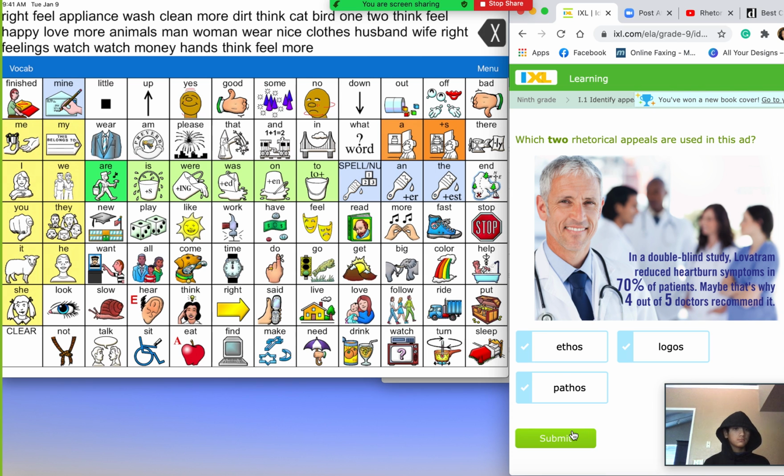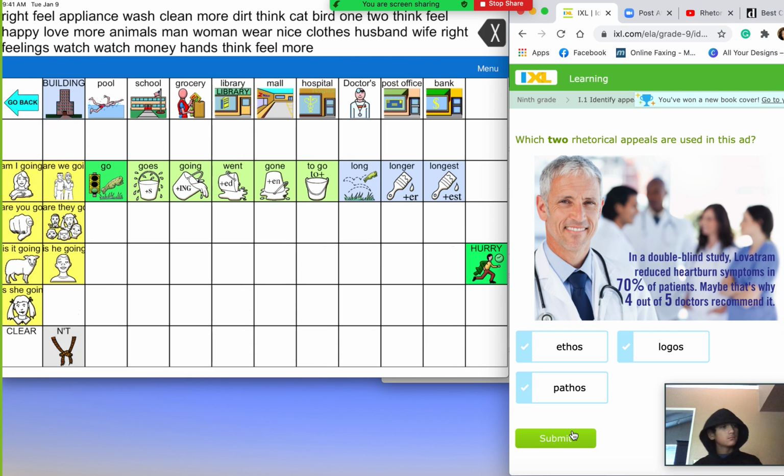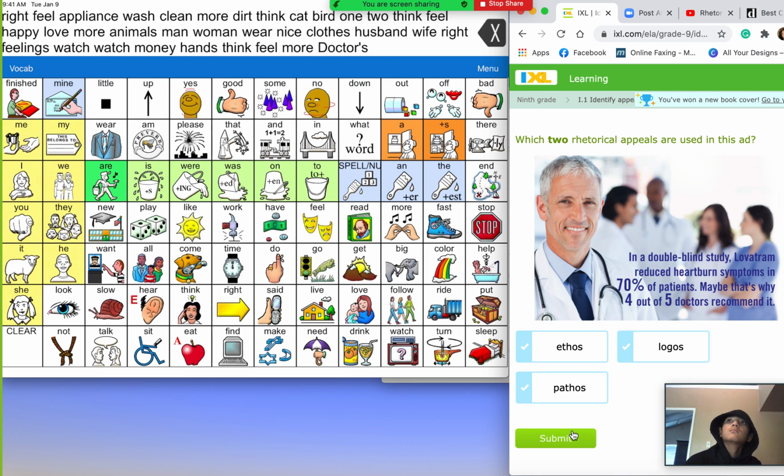What two rhetorical appeals are used in this ad? Okay, so what do we see here again? Yep, those are doctors. And it says here, what do you think of this man here?